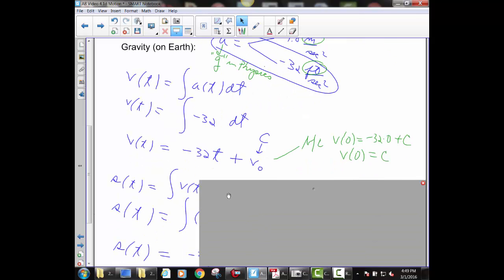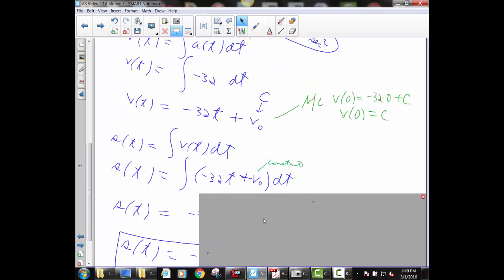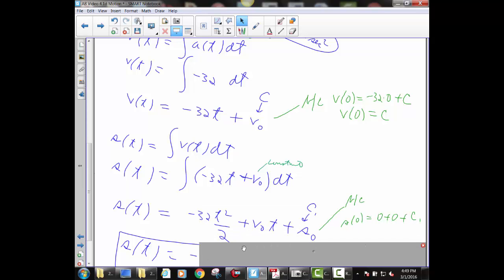Now, to get the position function, we're going to integrate the velocity function. So we take the integral of negative 32t plus v0 dt, keeping in mind that v0 is a constant. When I integrate that, I have negative 32 times t squared over 2 plus v0 times t, because this is a constant, so if it was 7, it would be 7t, plus another arbitrary constant, and that constant is going to be S0.